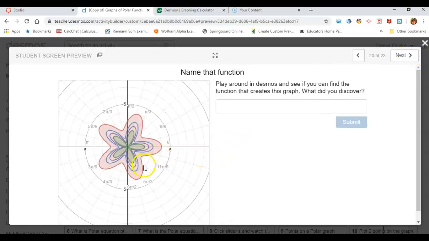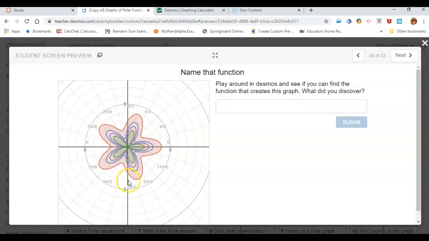Then I have a plethora of equations here. 1, 2, 3, 4 equations here. And some of them involve inequalities, the shading that you see. And so I would like for them to try to figure out if they can recreate this.